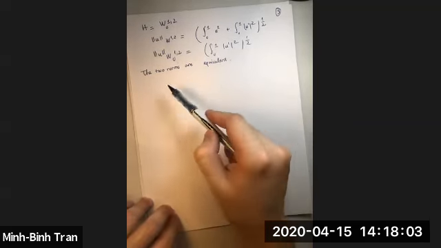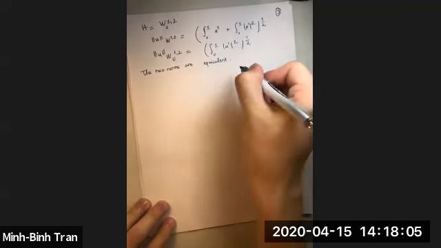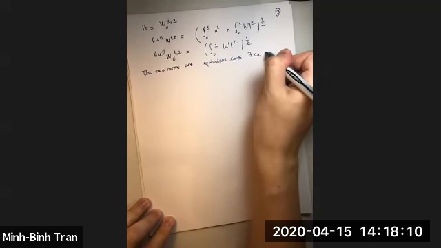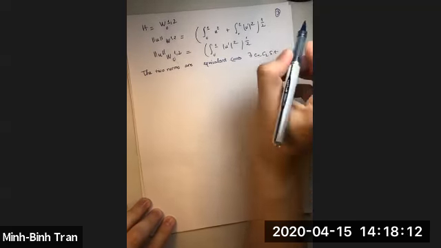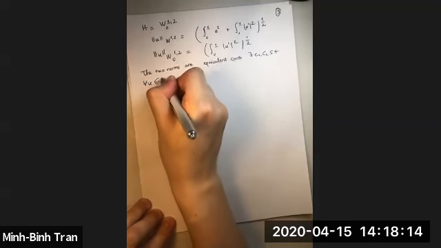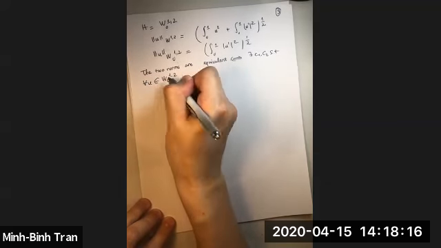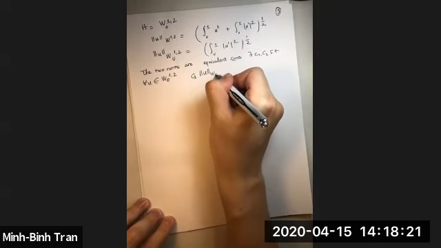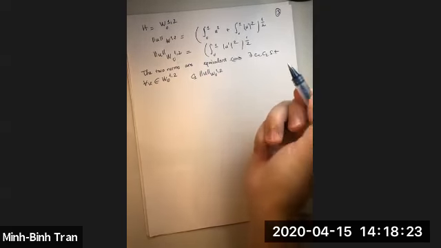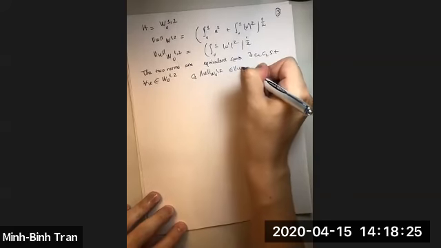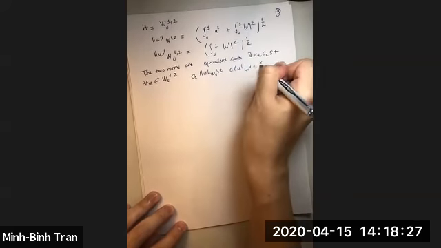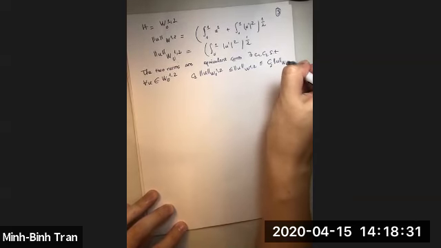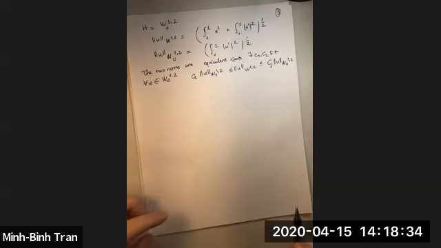And I am saying that they are equivalent in the sense that there are constants C1, C2 such that for all u in W^{1,2}, C1 times the W^{1,2}_0 norm of u is smaller than the W^{1,2} norm of u, but this is also smaller than C2 times the W^{1,2}_0 norm of u.